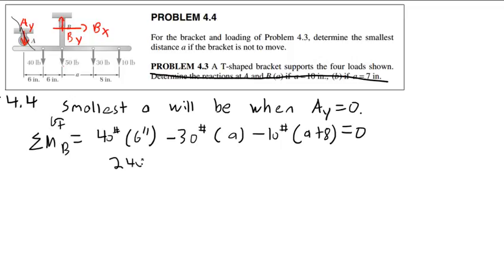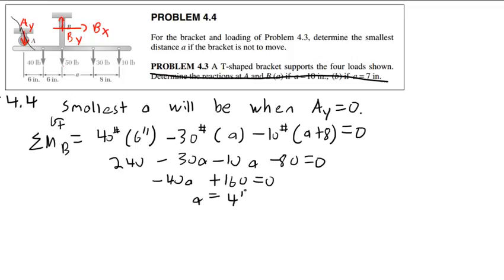So 240 minus 30A minus 10A minus 80 equals 0. Minus 40A plus 160 equals 0. A equals 4 inches. Concur? Again, all I did was set the force at support A equal to 0, and then solved for A.